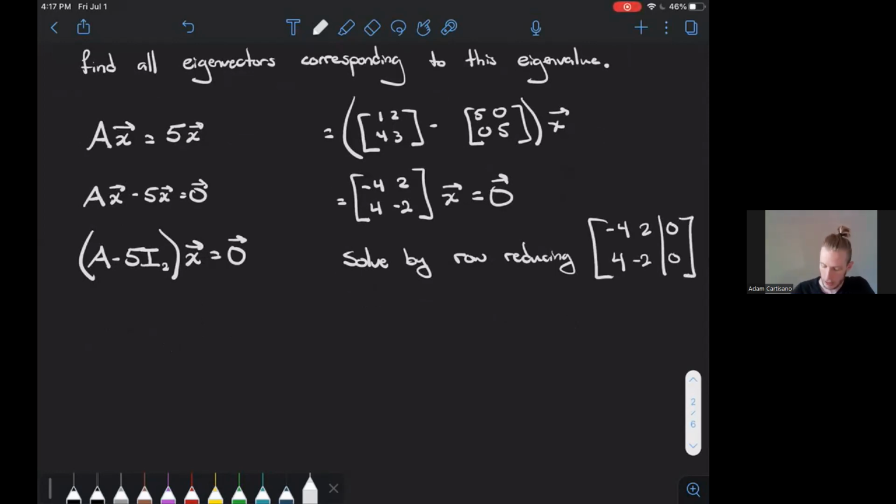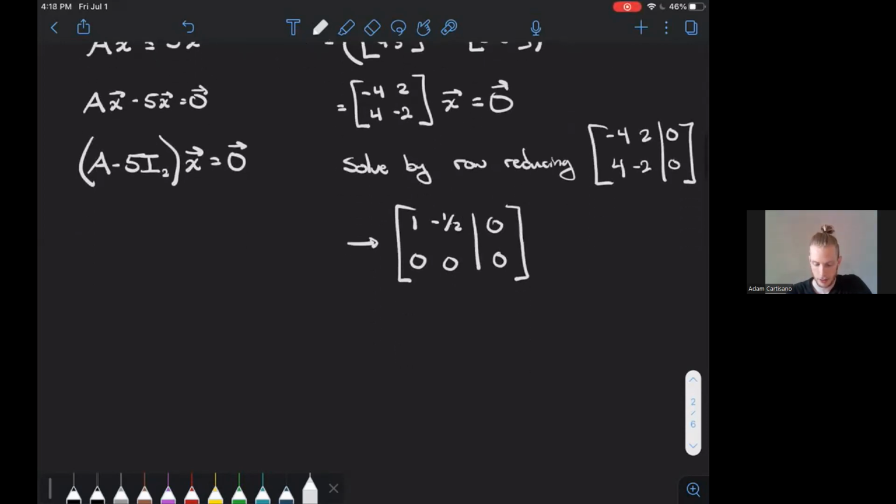When you do, we'll put it in reduced row echelon form. You can do this one in your head, right? Just add the two rows together and then divide the top row by negative 4. So 1, negative 1/2, 0, 0, 0, 0.